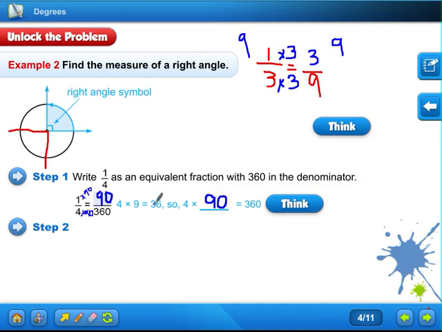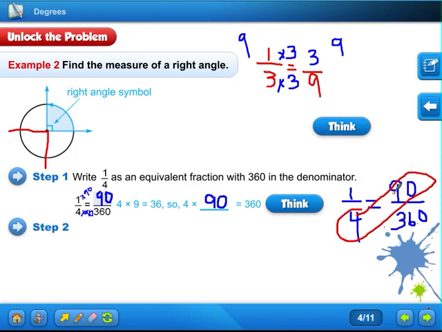You could cross multiply that, and so you would know if that is right. 1 times 360, let's do it over here so I have more room. 4 times 90 equals, 4 times 9 equals 36, add a 0, 360. 360 times 1 equals 360.